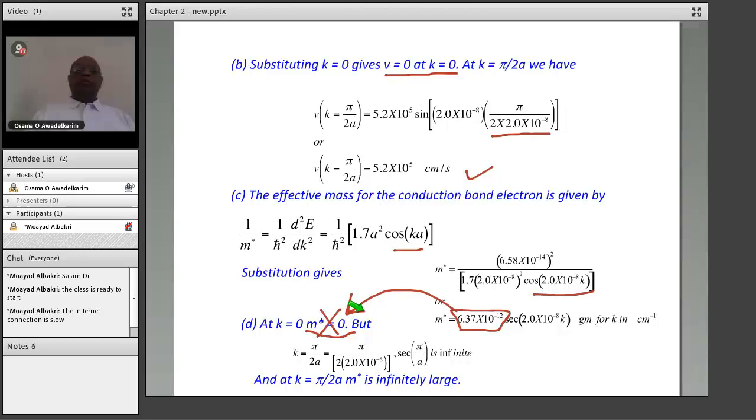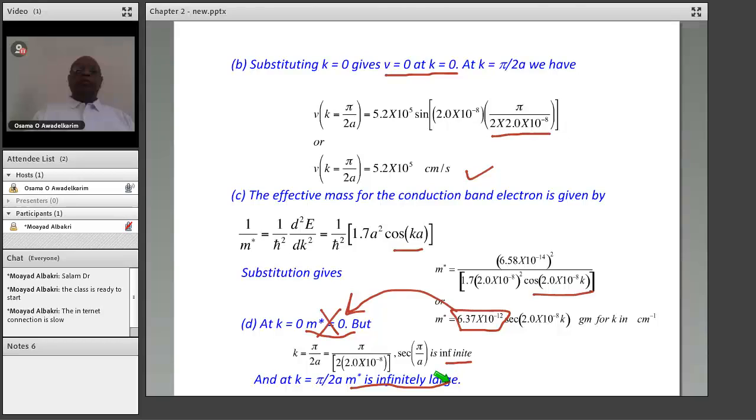When we put k equals pi by 2a, sec pi by a is infinite. So we get for the mass, when k equals pi by 2a, m star is infinite. So we get an infinite mass.